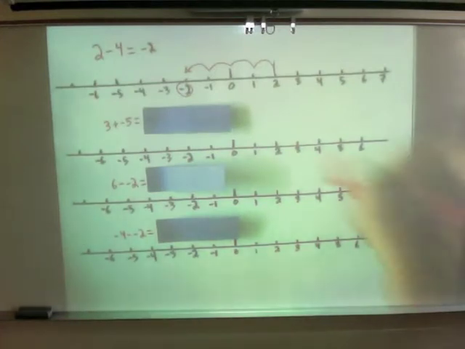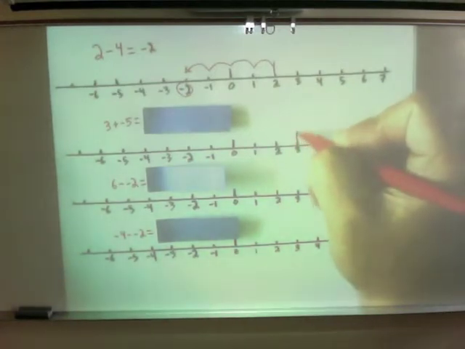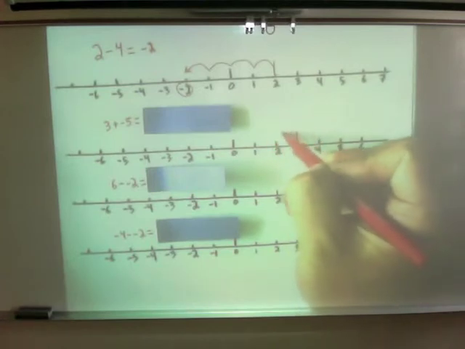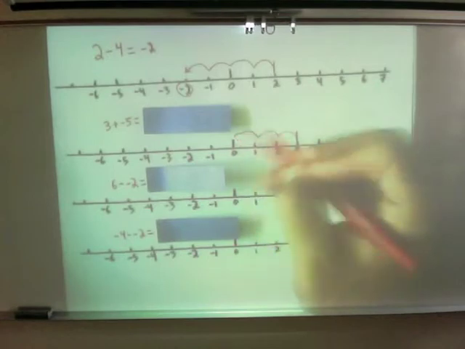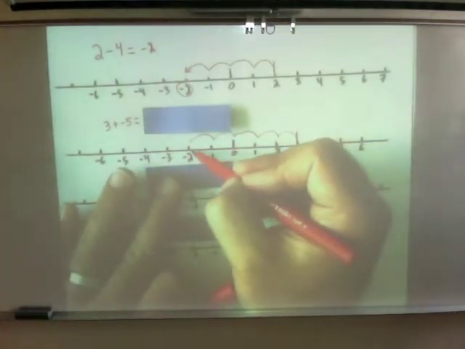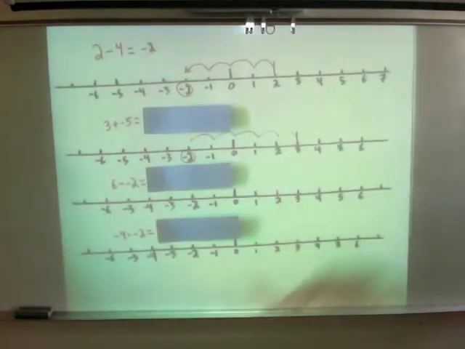We start at 3 right here, and we go over negative 5 spaces. So 1, 2, 3, 4, 5, and we end up at negative 2 again.